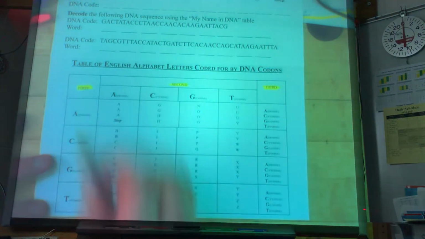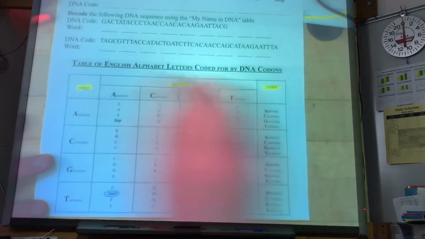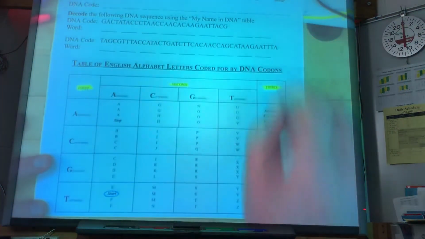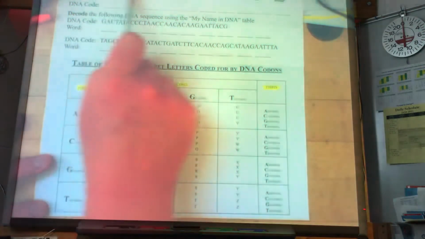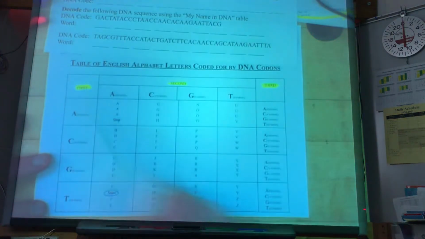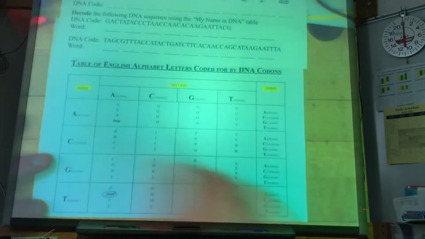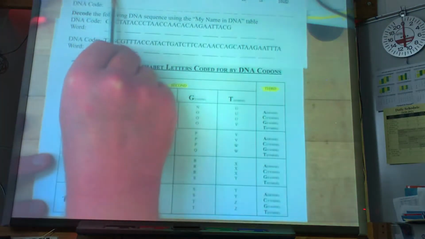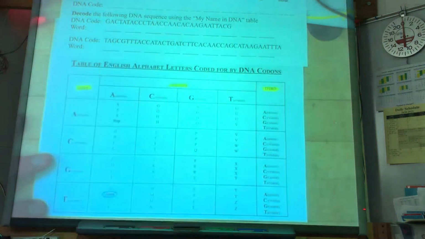Now you'll notice we've got a first, a second, and a third. Up in the top, the direction said, code the following word using the MyDNA table. So this is the table, and this is made up. We need to begin the sequence with start.